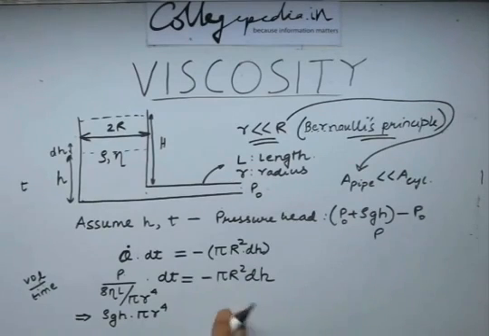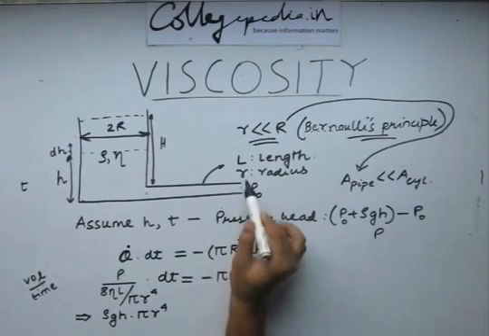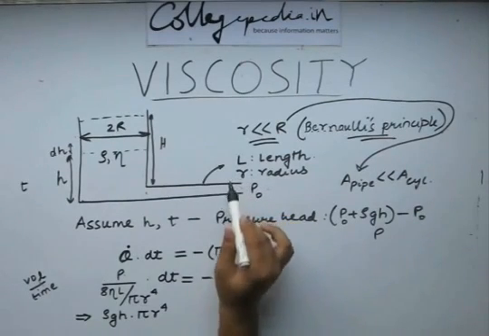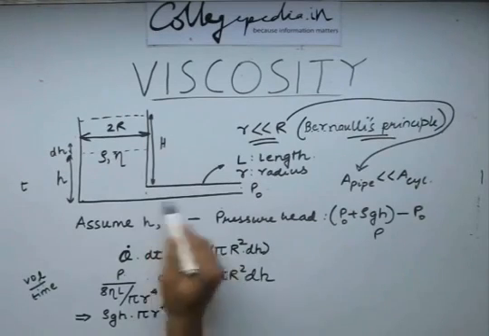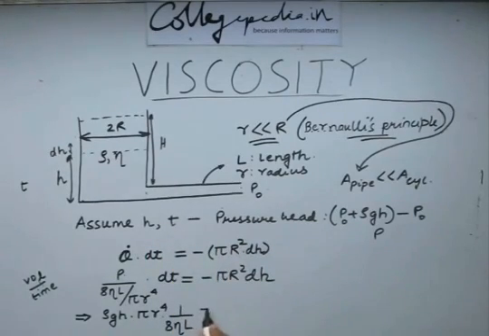But in an actual situation, the symbols might be changed. Like here, the small r is replacing the capital R we had earlier. So this is going to be small r to the power 4, divided by 8 eta L. L is the length of the pipe. This is equal to minus pi r square dH.